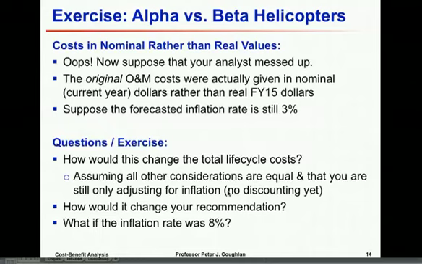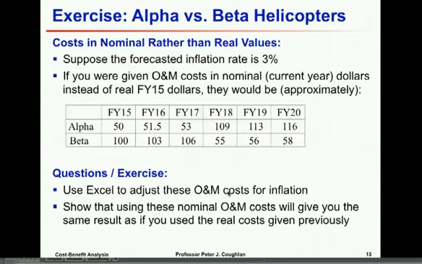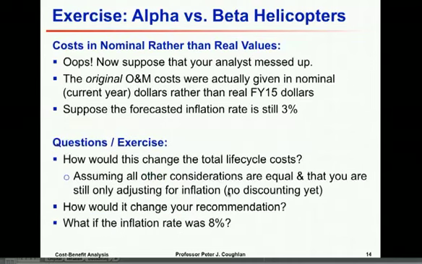So what we're going to do hereafter in this exercise, just so we can incorporate inflation considerations, is assume that those original O&M costs were actually nominal costs, rather than real, as given on the previous slide.